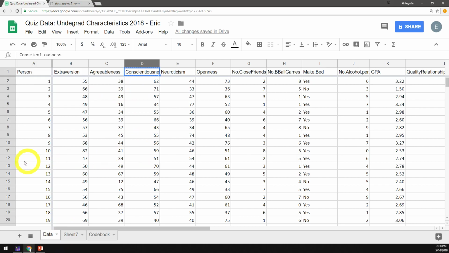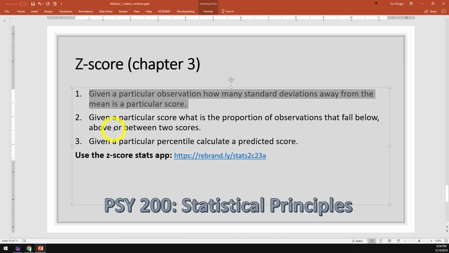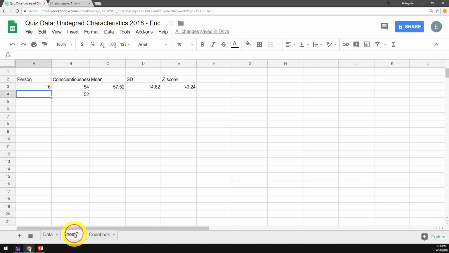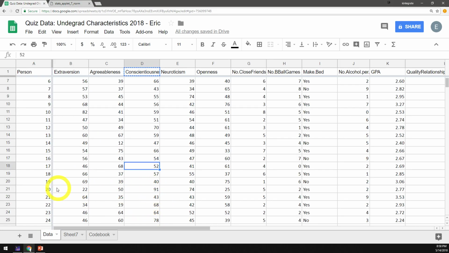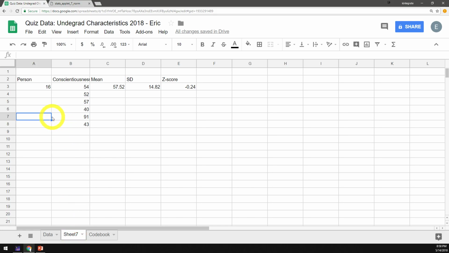If we look down here, 16 was 54, 17 is 52. Maybe let's go with someone a little bit further away. So let's pull down, get a few more observations here. Let's look at this 91. That's super high. Who is that? 91 is person number 20. So we're going to put 20 here, and this is the one we're going to calculate.